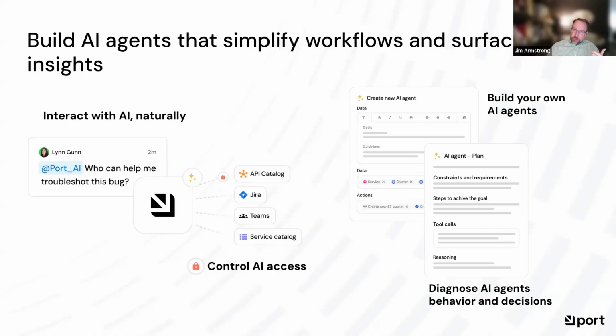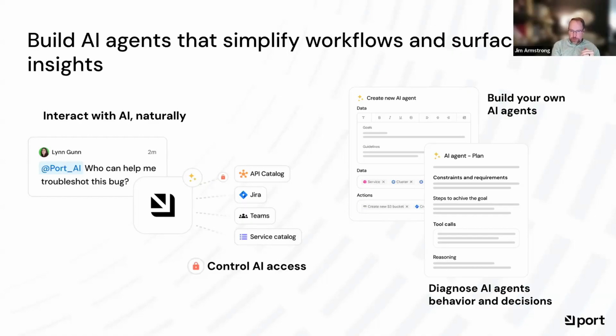But it does help to search things much quicker. And there are new ways you can interact with Port, of course. So you can come into Port. You could have an AI agent widget in Port, and we'll see that in the live demo, and you could interact with it that way. You can use a Slack app and connect that to Port, and you can interact with the agents in Slack. So as a user, you would never even have to maybe log into Port. You could just interact with it that way.